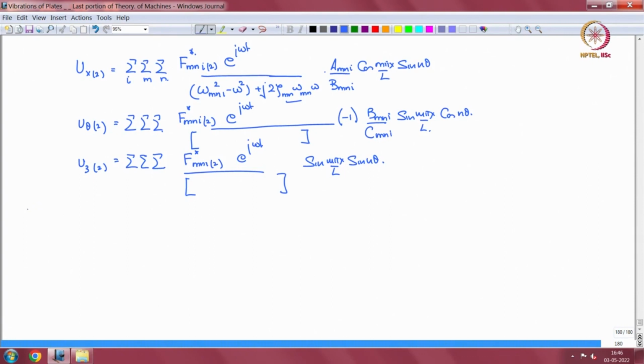I have ux equal to summation over I, m, n. I am going to shorten it. From the first set, what did we get?